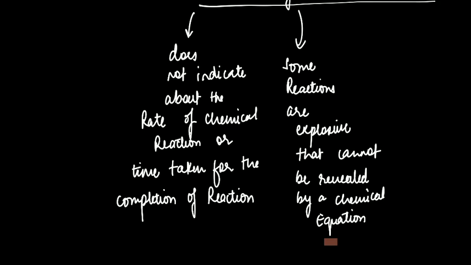We have to write in the literature that this chemical reaction is very much explosive. If we don't, we might not know about that chemical reaction, and you might end up doing it in the lab without having any idea whether it's explosive or not. So we need to keep all these precautions. That is not revealed by a chemical equation. Just by writing a chemical equation, we can't predict that.